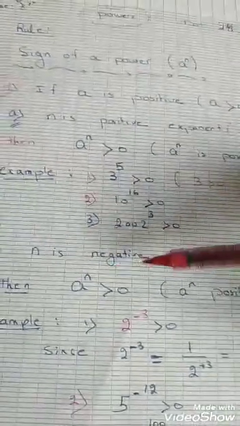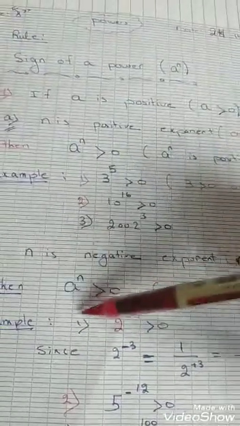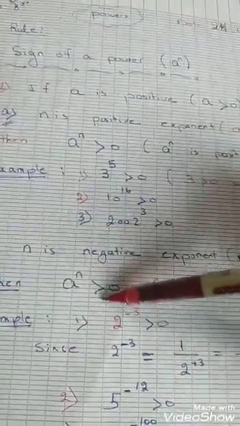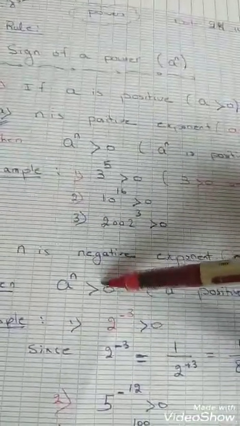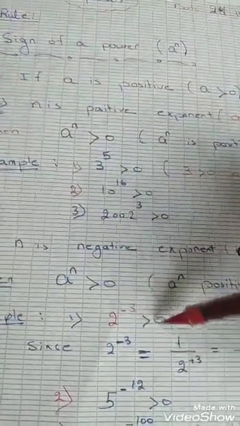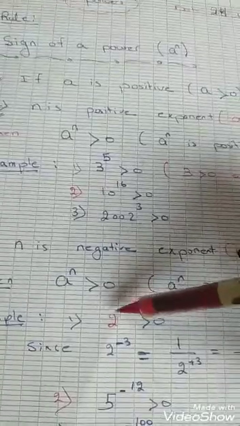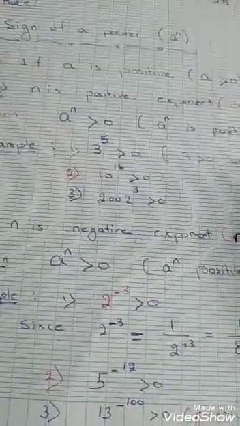If n is negative, the base a is still positive, so the sign of a to the exponent n is positive, greater than 0. Example: 2 to the exponent minus 3 is positive because the base is positive. I don't look at the exponent, even if it is negative. Why?